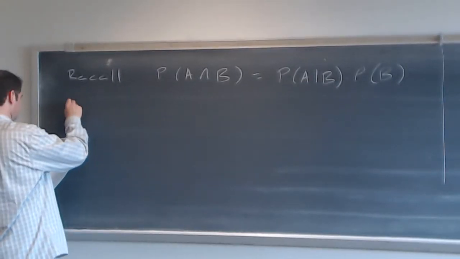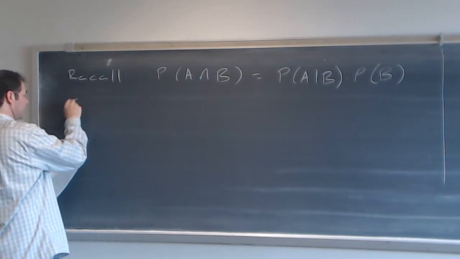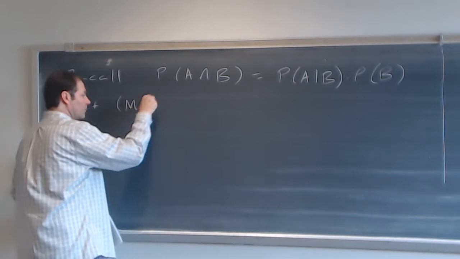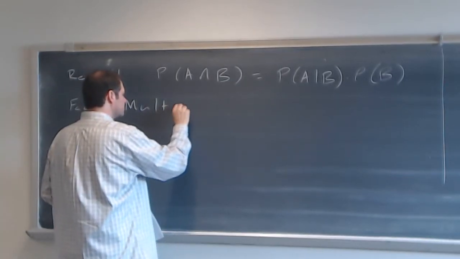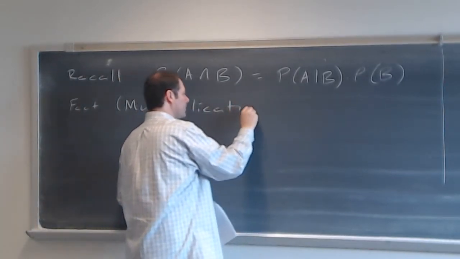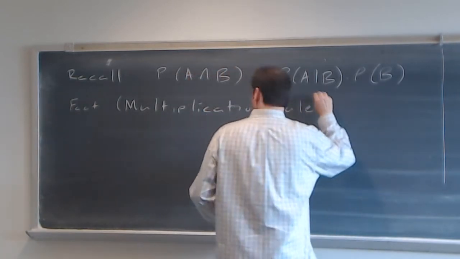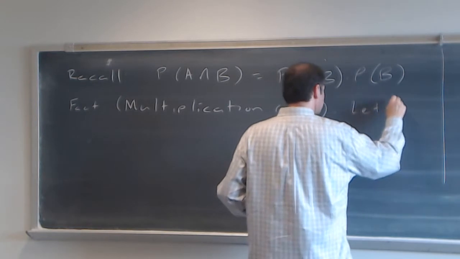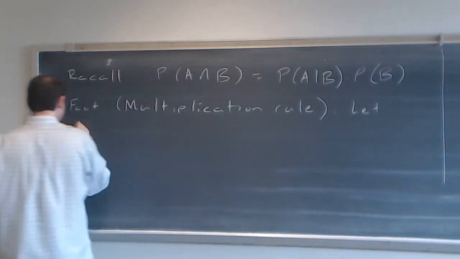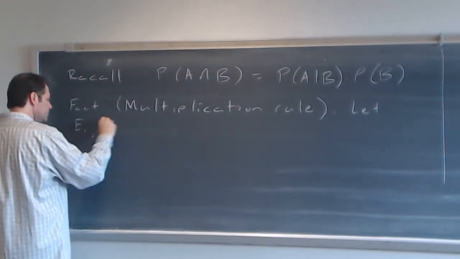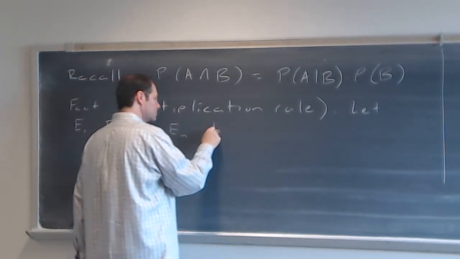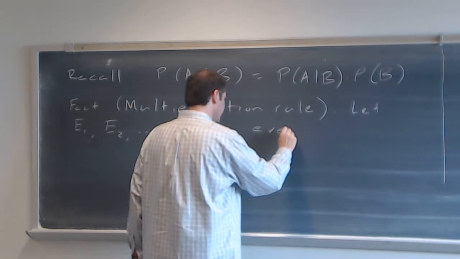This is called the multiplication rule. What it says is the following: let E1, E2, all the way up to En be events.